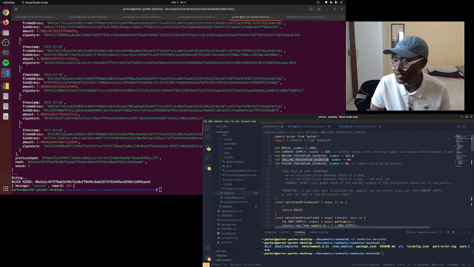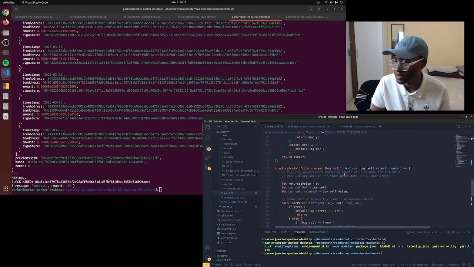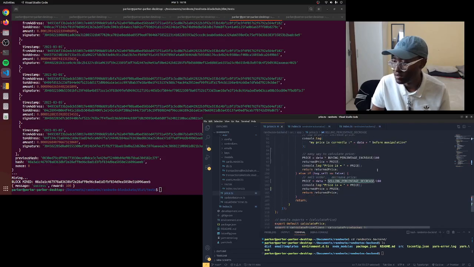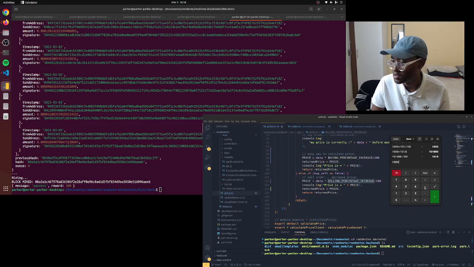And the reductions when we're selling, this will be 1000 multiplied by 90 divided by 100. Price will go from 1000 to 900.